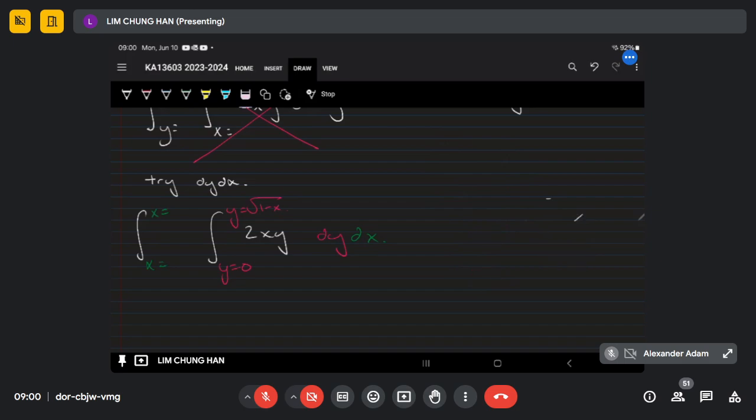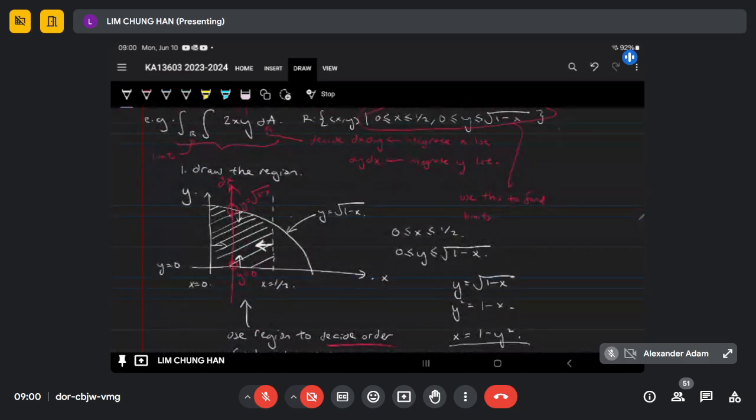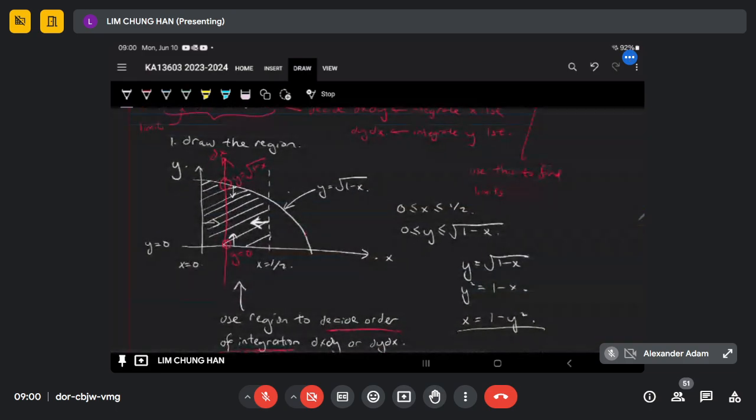So back to our example, for dy, because we are doing dy first, I draw the line up, and I get the two limits by finding what my line hits. My line hits y equals to 0. My red line hits y equals to square root 1 minus x. So this is how I do dy.